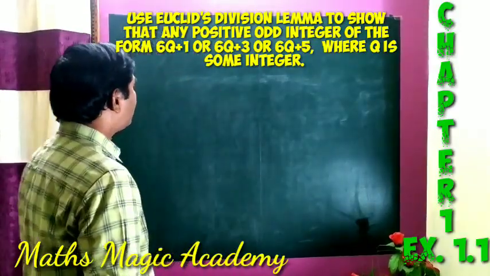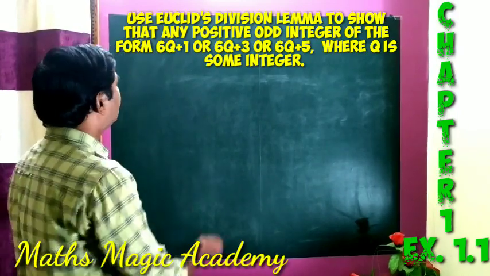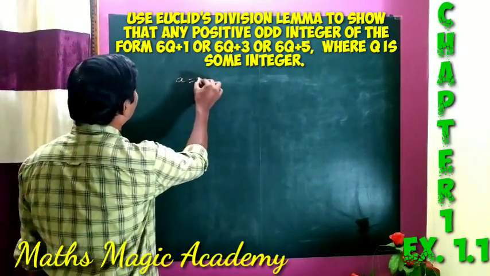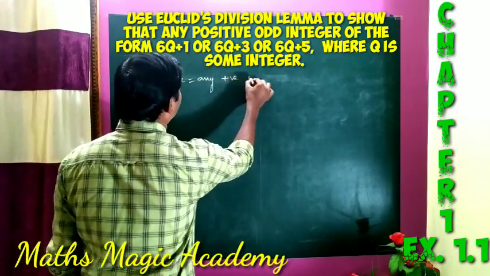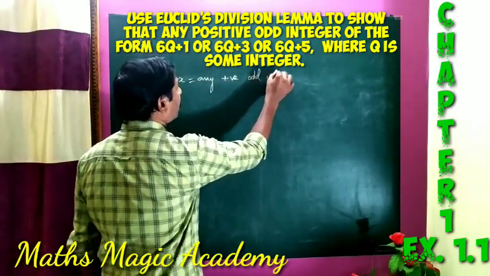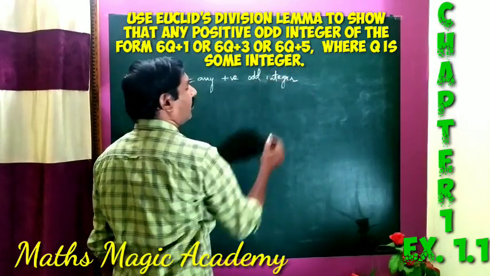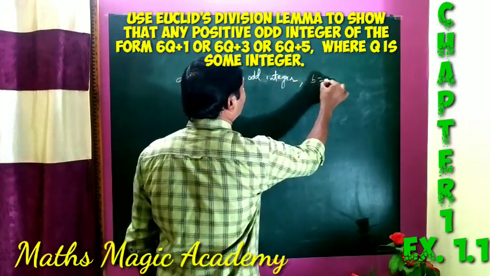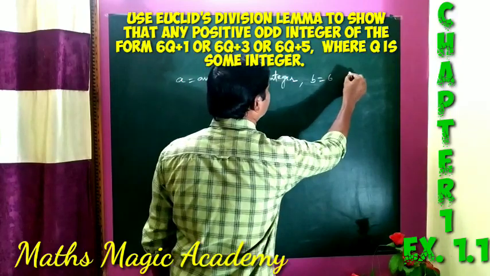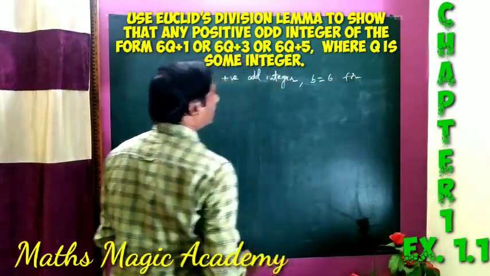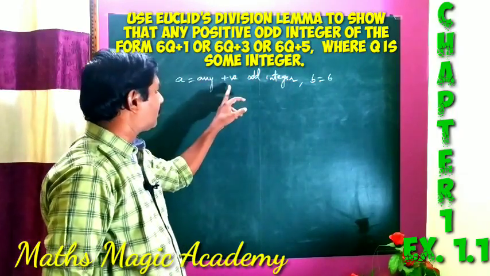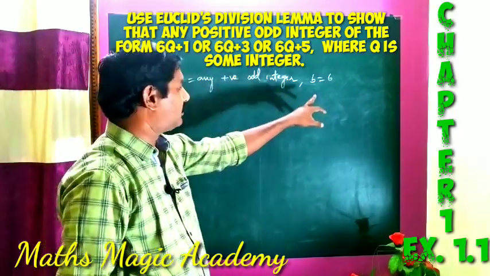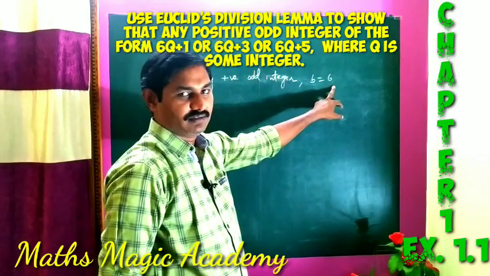Let a be any positive odd integer and b equals 6. Students, can you observe that a is a positive odd integer and the b value given is 6.